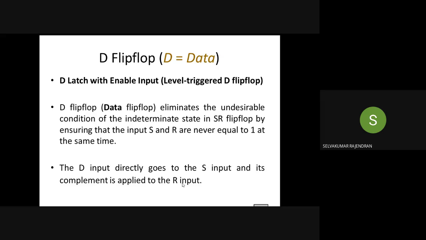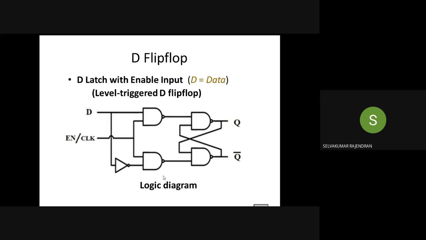So this is the schematic of the D flip-flop. It has the same structure as the SR flip-flop, but the difference is that here we apply only one input, D, instead of two. That D is again complemented for the second input.